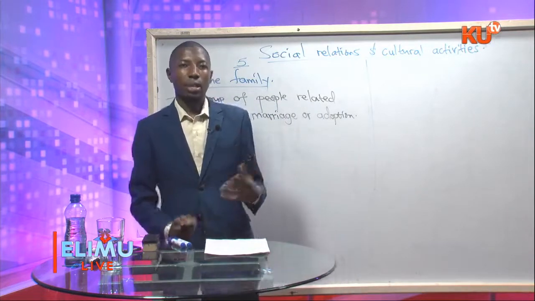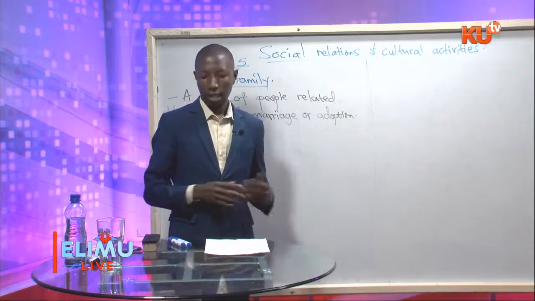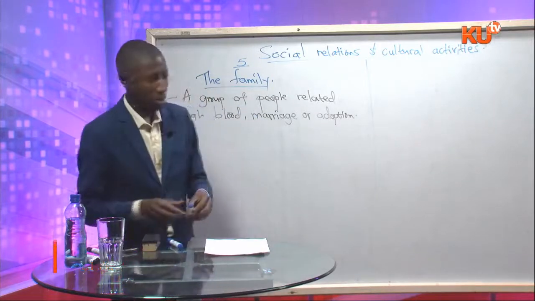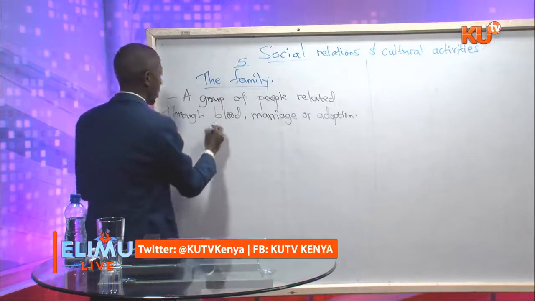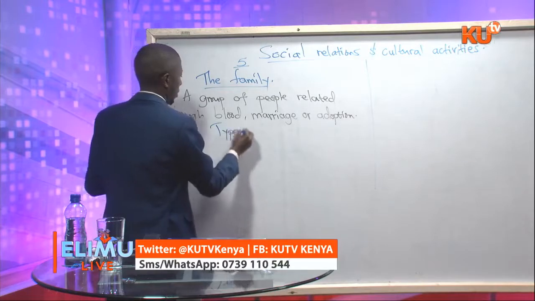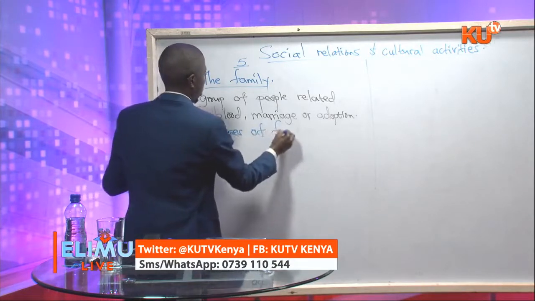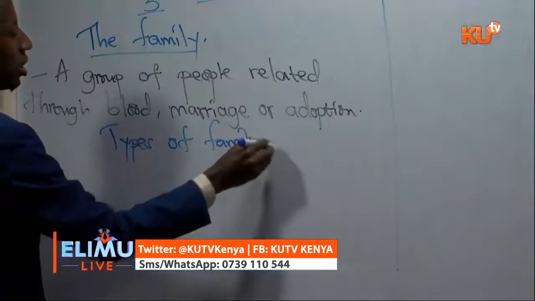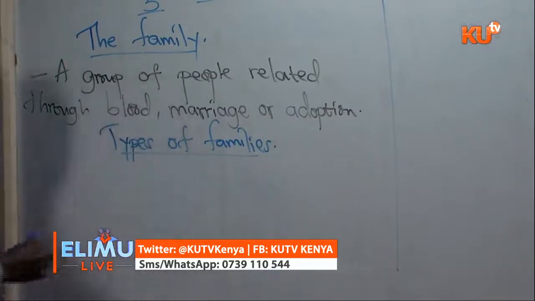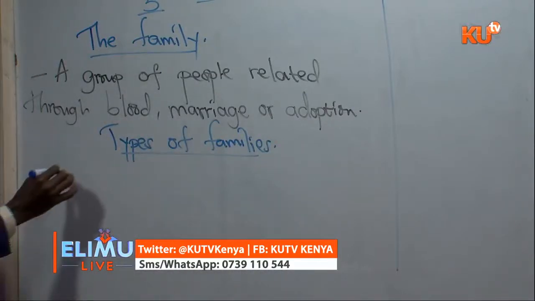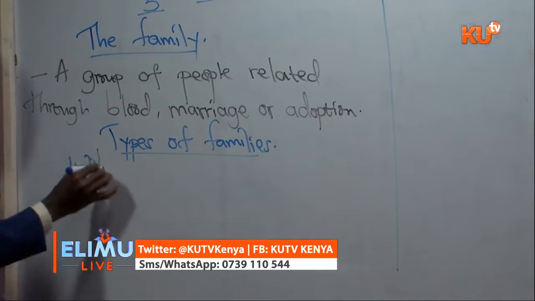Then you learned about the types of families, and there are three types of families. Let me do a quick reminder. Types of families. It is important. The first one is a nuclear family.